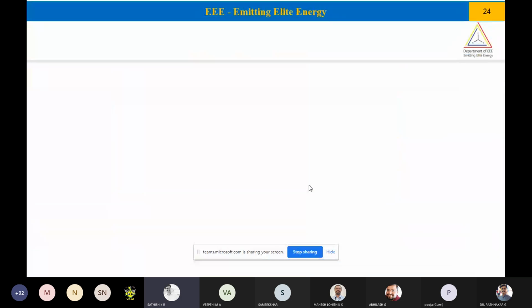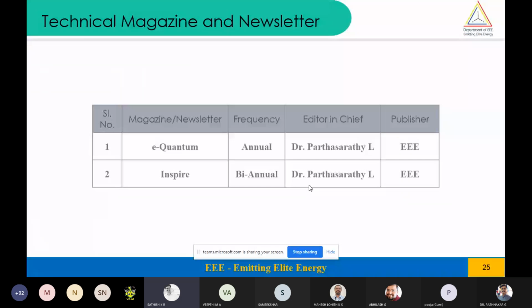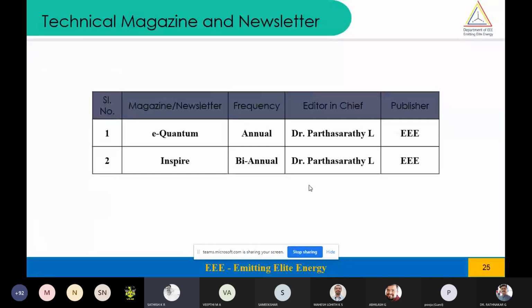And in our department, we have 2 things: one is the technical magazine, and the second is the newsletter. The newsletter is biannual and is called Inspire. The technical magazine is E-Quantum, and it is annual.